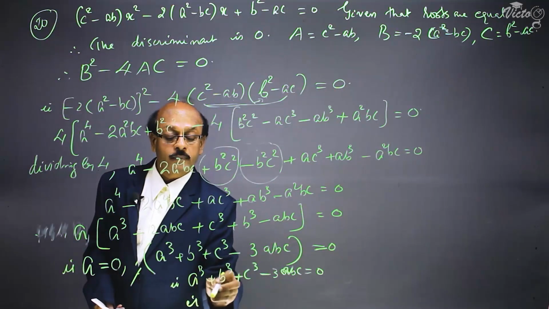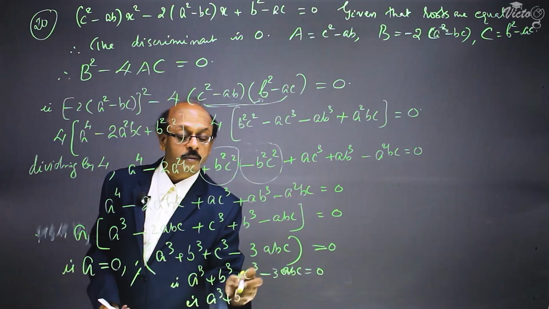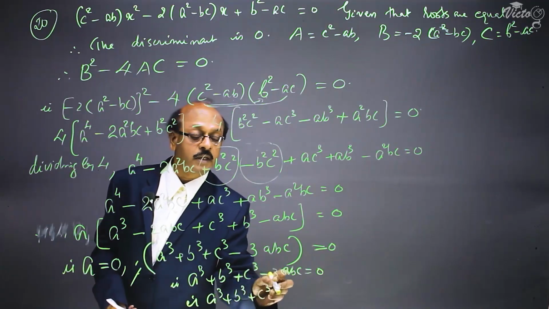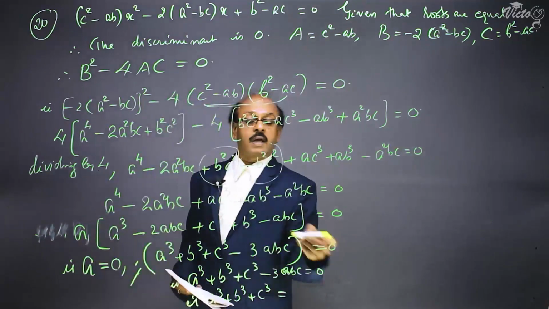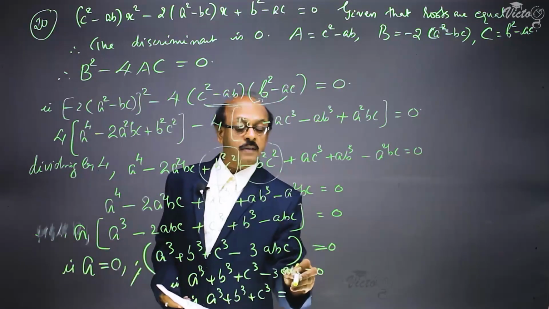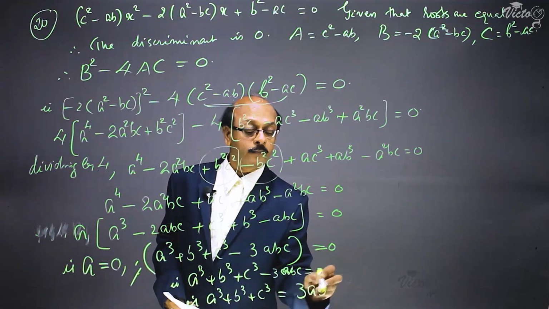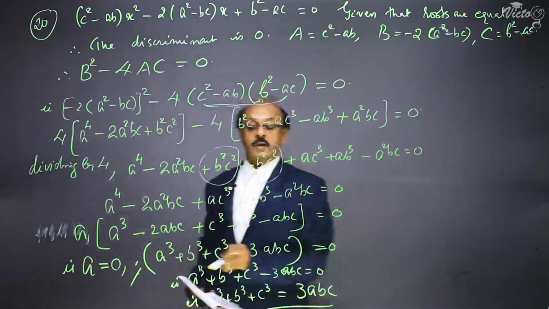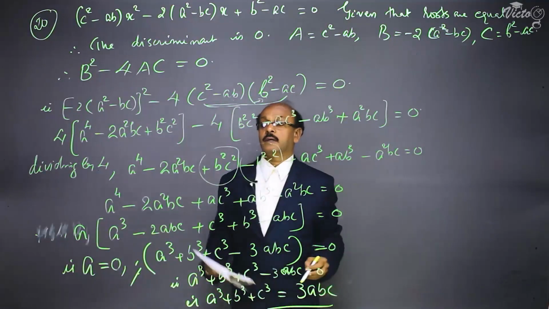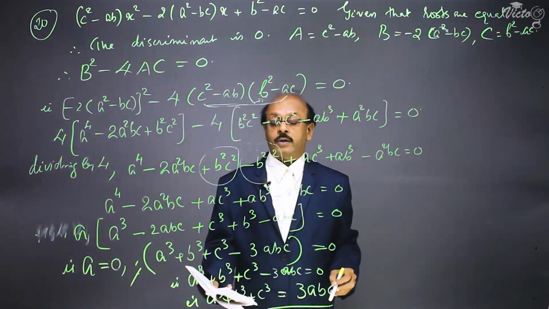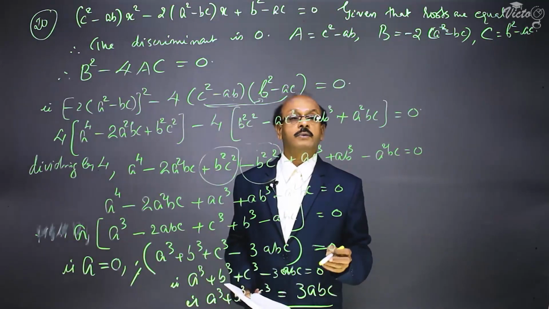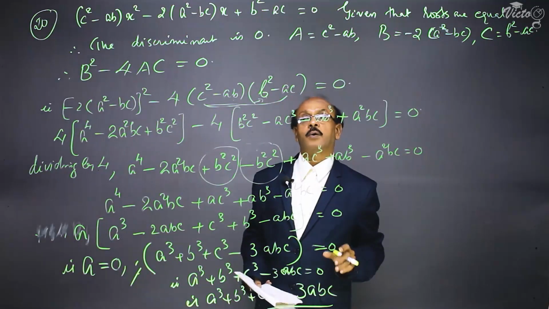That is, a cube plus b cube plus c cube is equal to, taking minus 3abc to the right side, plus 3abc. We are obtaining the two results: either a is equal to 0 or a cube plus b cube plus c cube is equal to 3abc. The two parts are obtained. Okay.